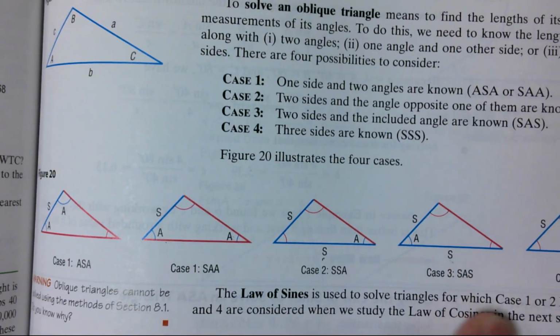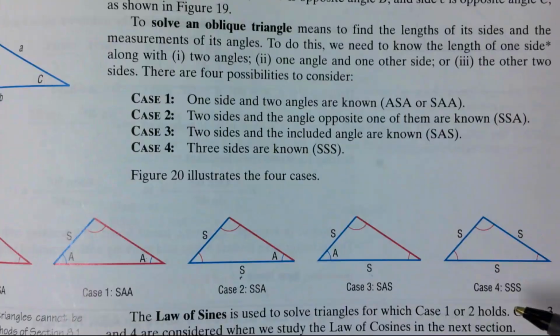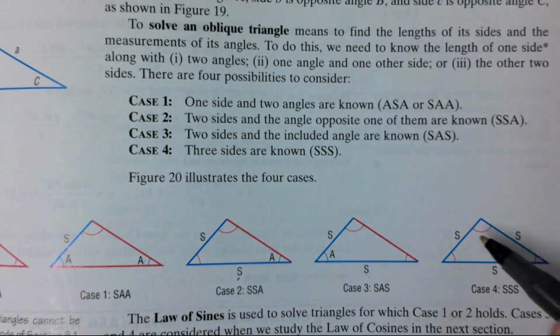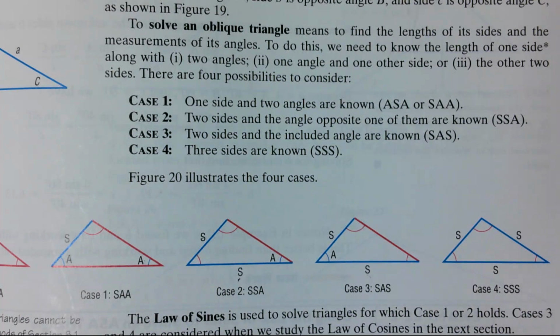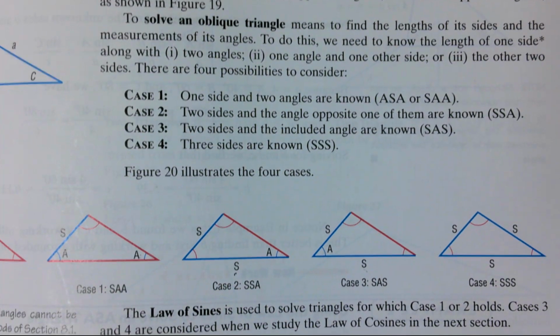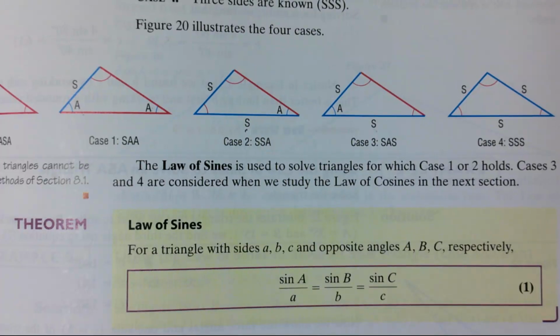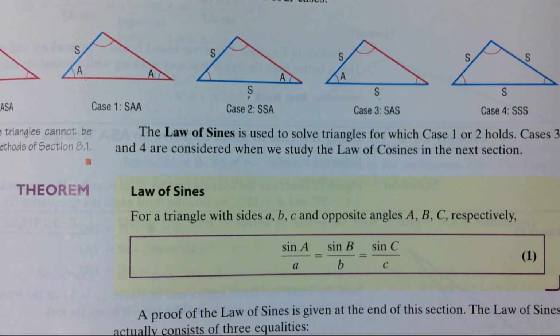And then on this one, it's the side, side, side, where you don't know any angles, and none of the angles are right angles, but you do know all three sides. Now, what's easy about this one is you're just going to have one major formula.